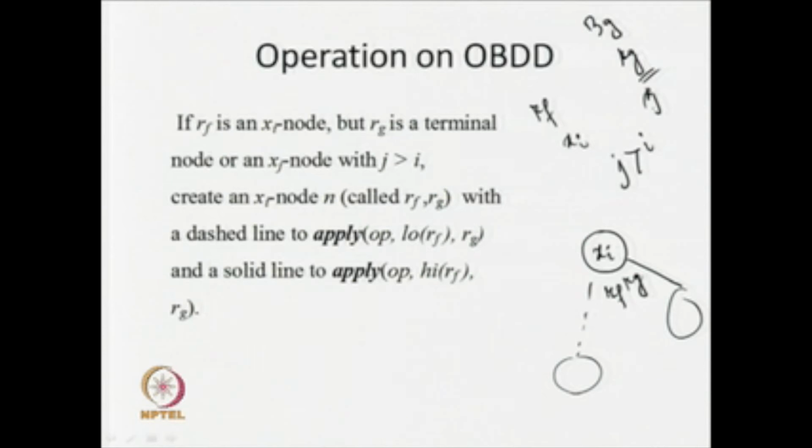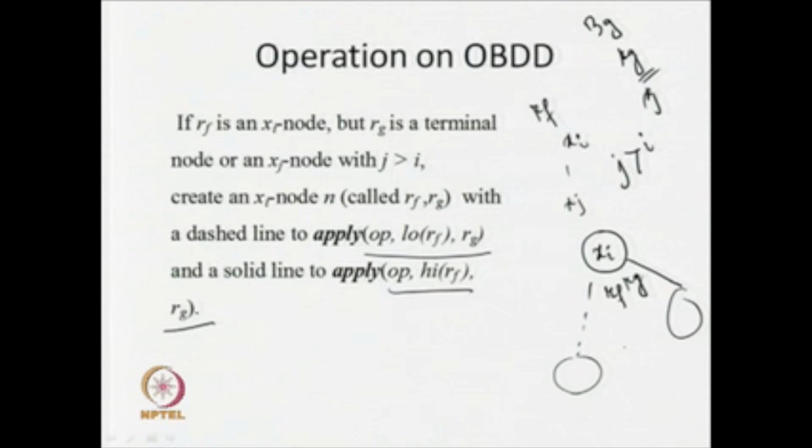So, that means again I have to look down the line, somewhere I am going to get xj in your RF. At that time I am going to see what will be the situation. So, that is why we are going to apply low of RF and RG, because RG is independent of i, and in case of your solid line we are going to apply high of RF and RG. So, this is the way I am going to construct my resultant BDD.